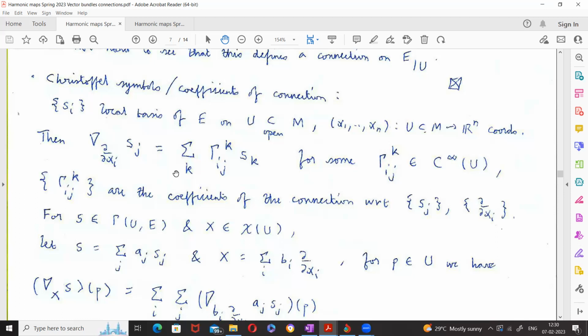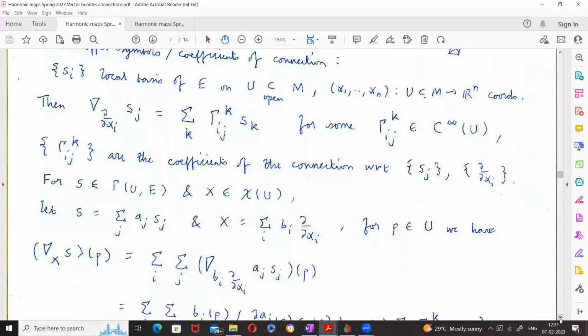So this I can write, therefore, as a sum over K, some coefficients, gamma ijk into Sk, right? Where gamma ijk's are smooth functions on U. Okay. So these gamma ijk's are called the coefficients of the connection with respect to this local basis Sj and the basis of vector fields del xi. All right.